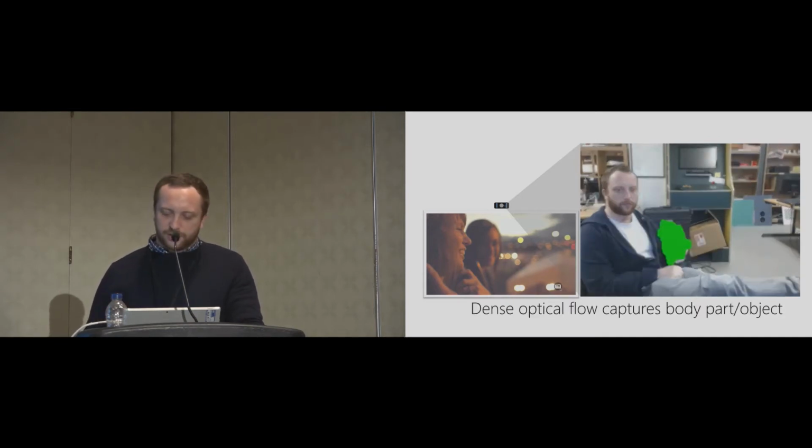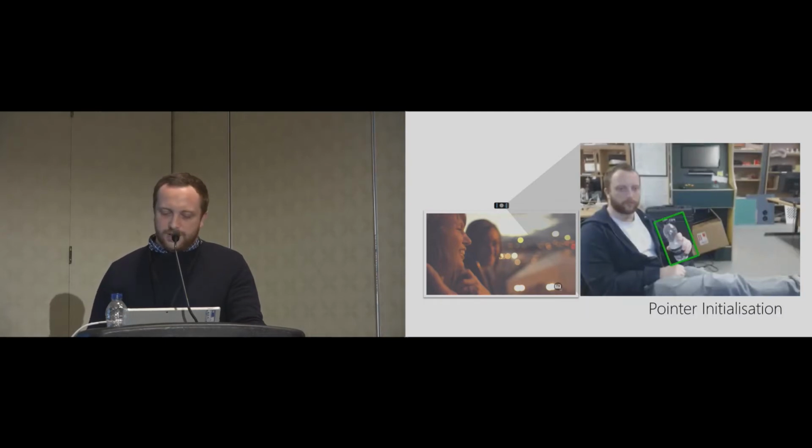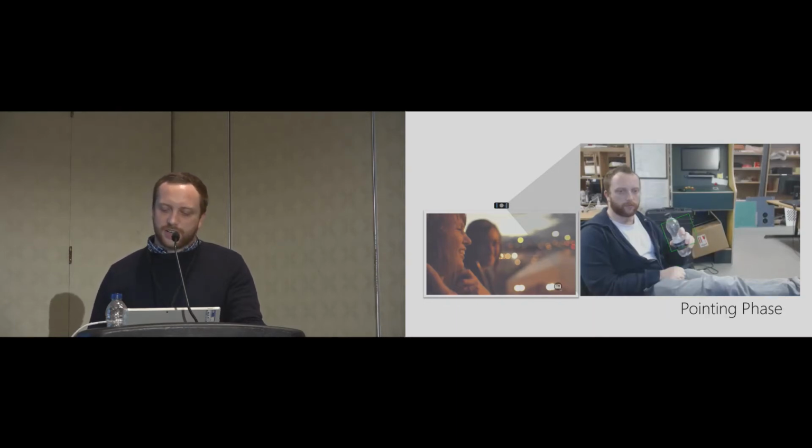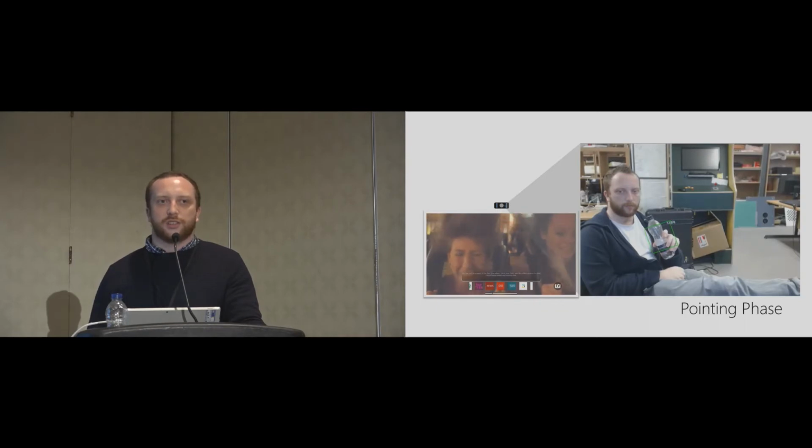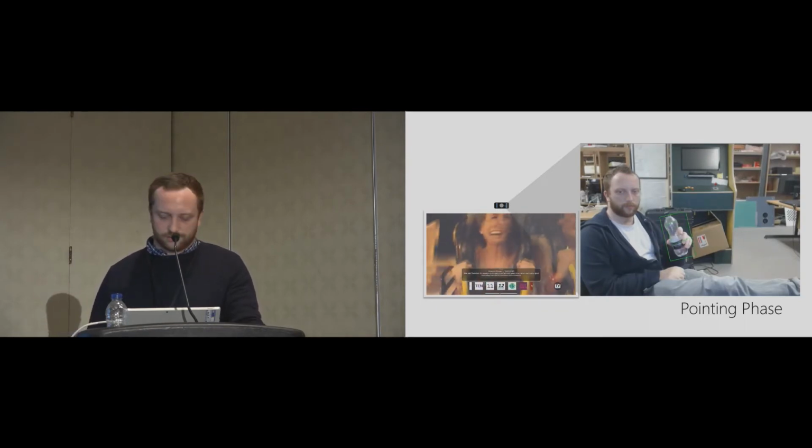So we retrospectively look at the dense optical flow to see which pixels match the motion of the target. This allows us to initialize the pointing in the tracking task, and then we use a modified version of a median flow tracker to track the object or body part for the cursor interaction.